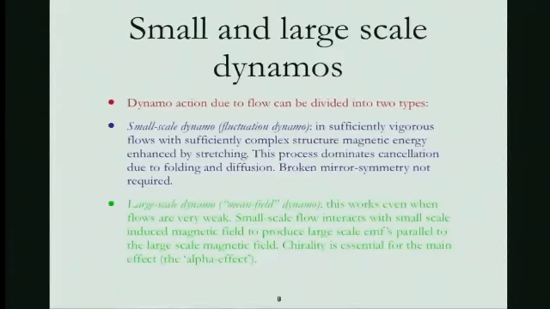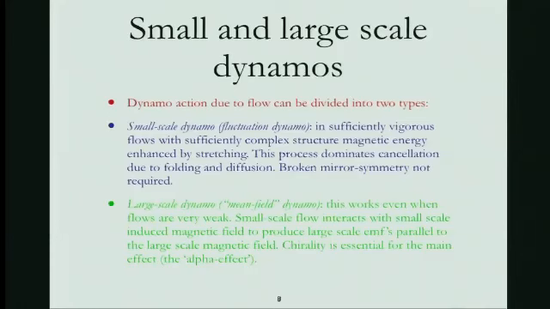There are two sorts of dynamo. It's important to keep the distinction in mind. It's all the same equation, just different mechanisms. So the so-called small-scale dynamo, fluctuation dynamo, comes from sufficiently vigorous flows with complex structure. So magnetic energy is enhanced by stretching, and there's also folding and diffusion, and that leads to cancellation of the magnetic field.